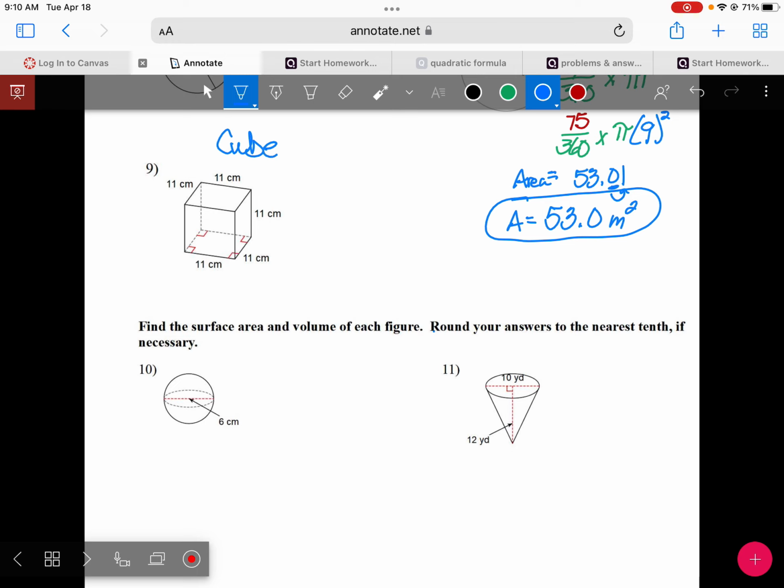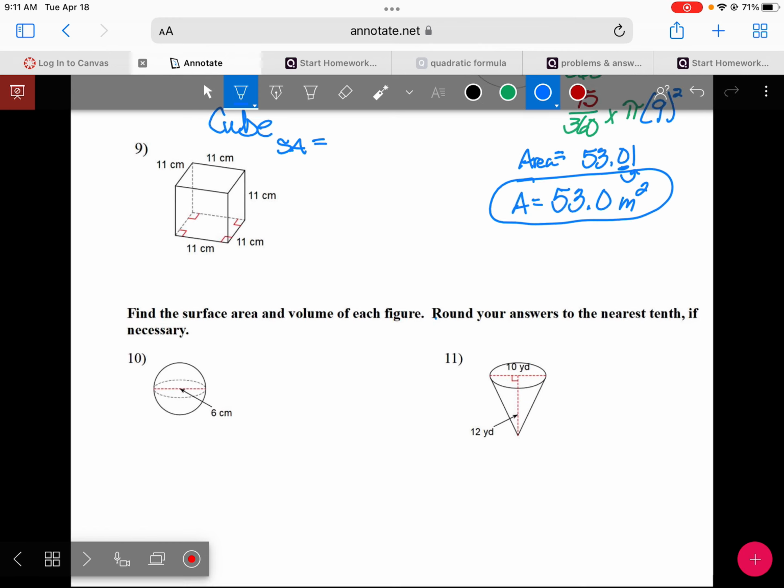And we are trying to find the surface area of a cube. Now, we did not talk about surface area of a cube, but my question to you is this cube a pyramid or is it a prism of sorts? Is it a pyramid or a prism?